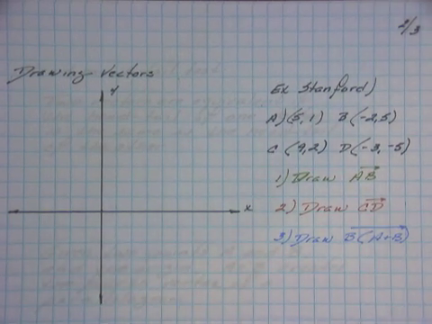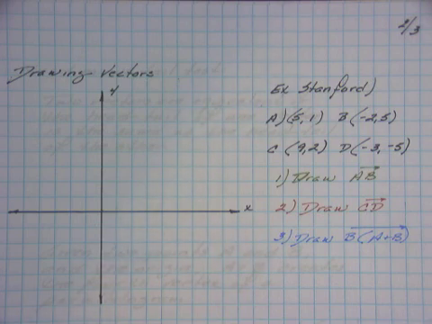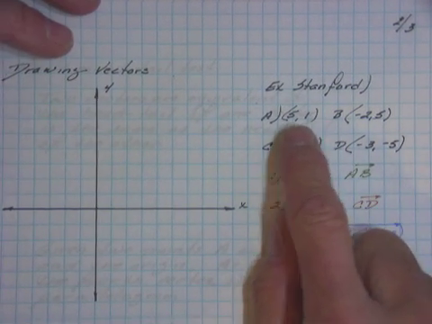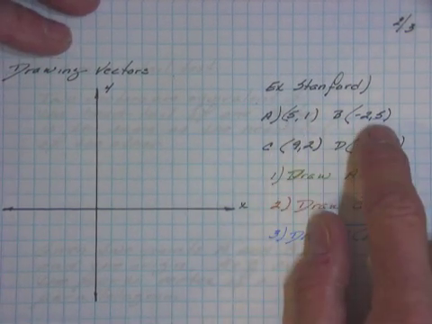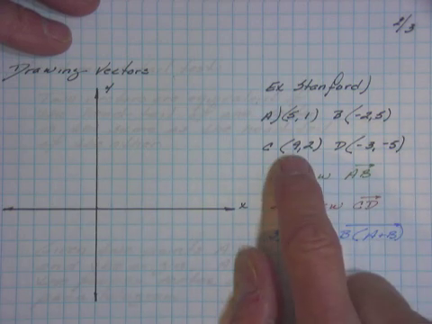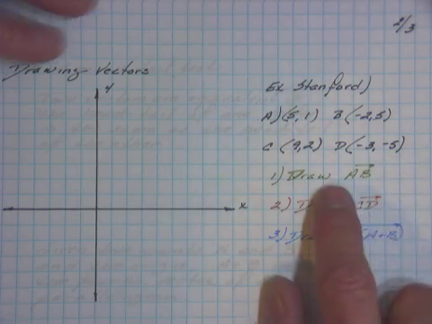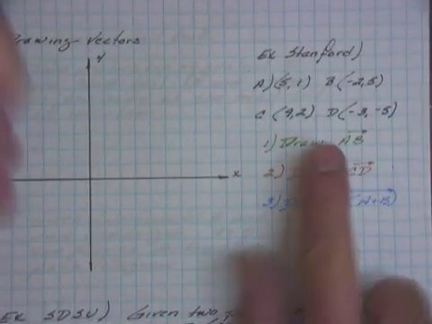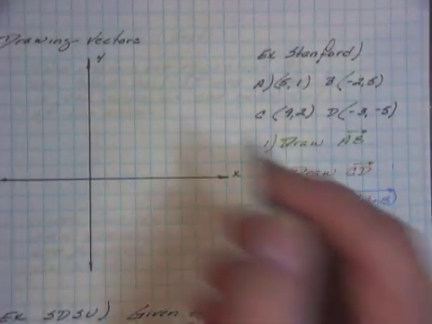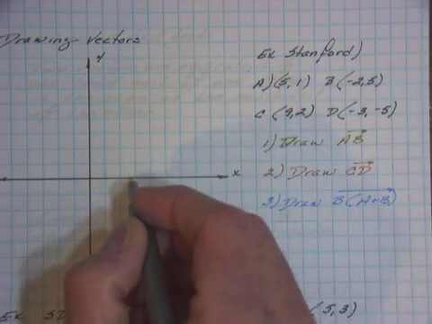If I can get this page out of the way. Okay, so drawing vectors. This is example one. I'm given four points. A is at (5, 1), B is at (-2, 5), C is at (9, 2), and D is at (-3, -5).